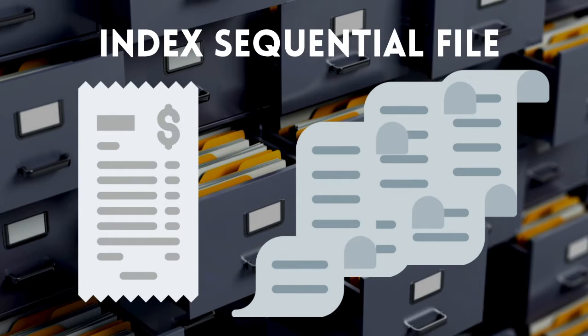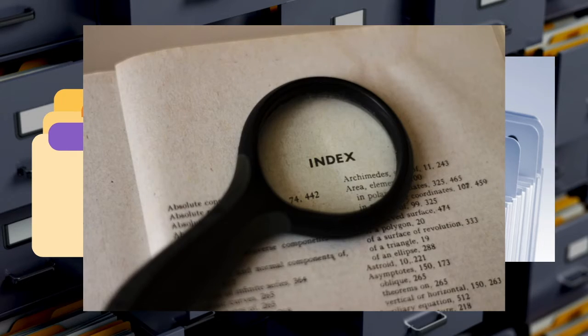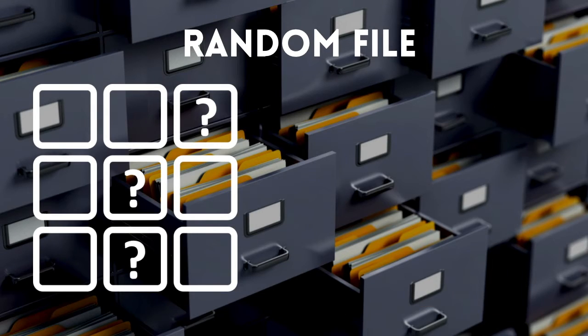This can be tedious and time consuming. Therefore, an index sequential file sets up an additional file to act as an index, the same way you can find one in a book. Index sequential file organization cannot be used with sequential access media such as tape.